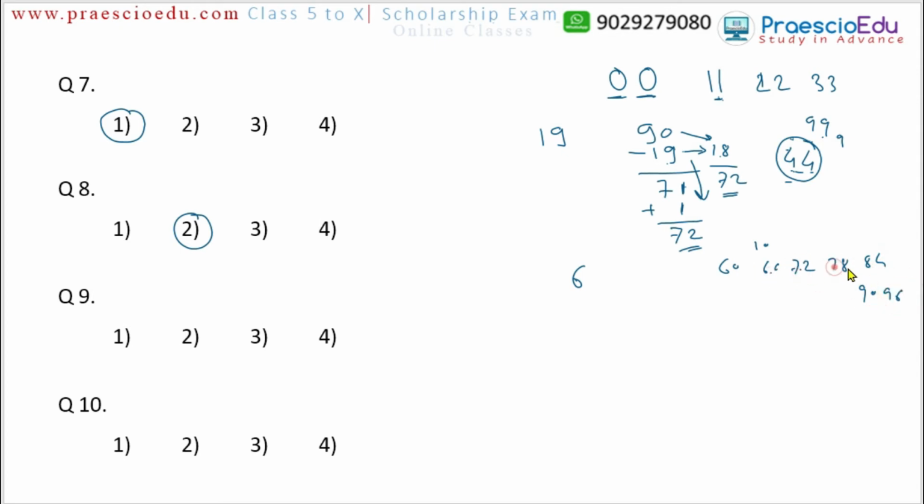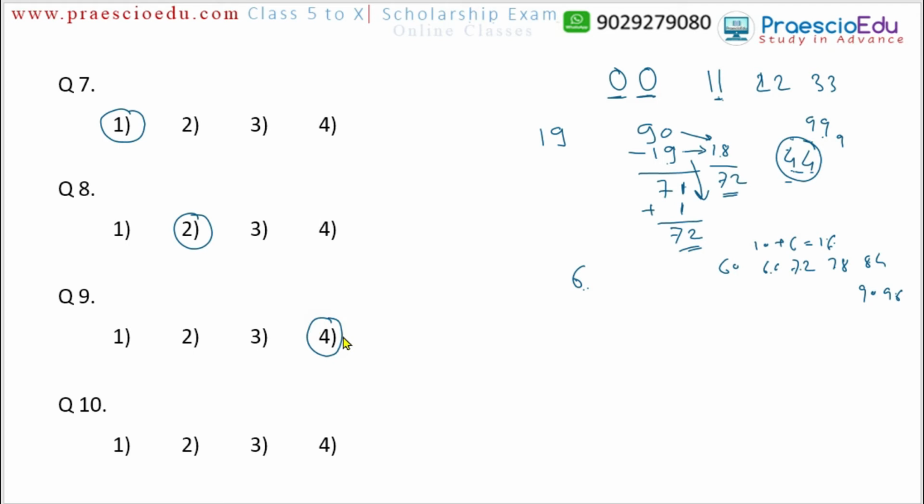So 1, 2, 3, 4, 5, 6. So 10 plus 6 comes to 16. Vice versa we can also do this. So for this question 16 comes, and 16 is mentioned in option number 4.